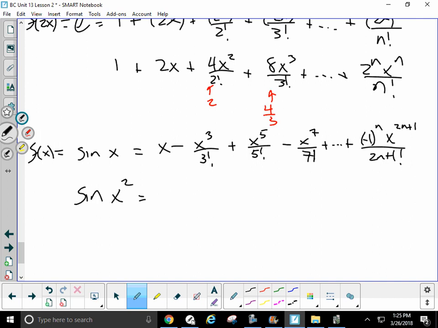Well, now instead of doing all that work, just do the composition. Wherever you have x, plug in an x squared. I'm just finding f of x squared, which equals sine of x squared. Plug in an x squared.